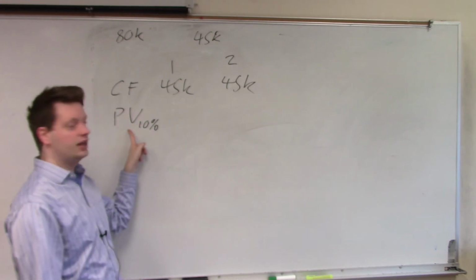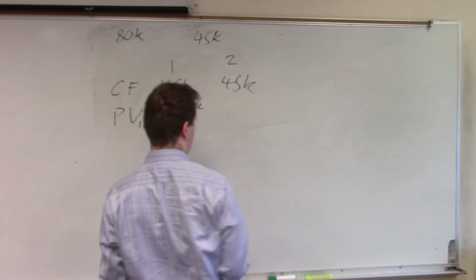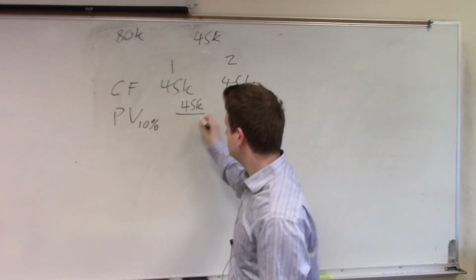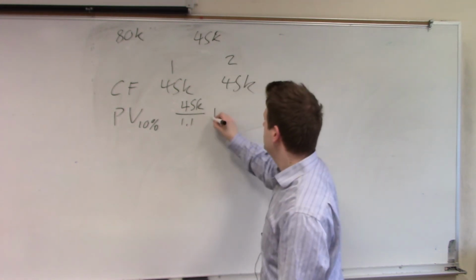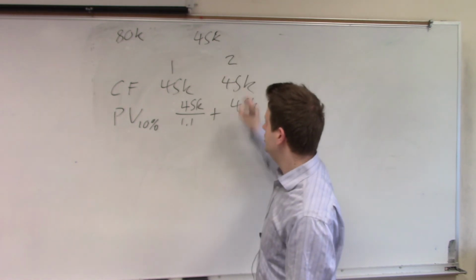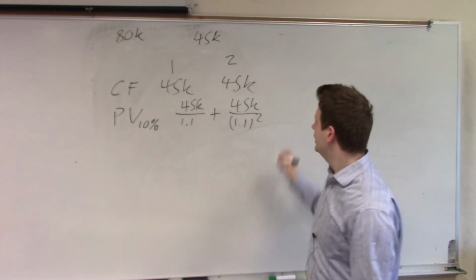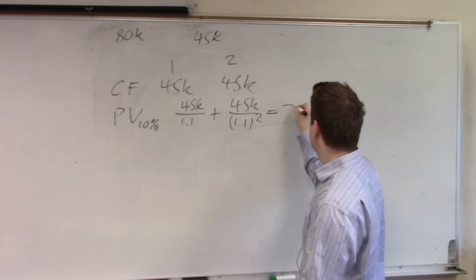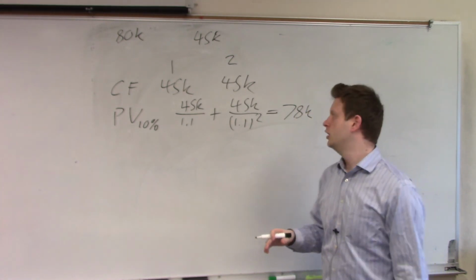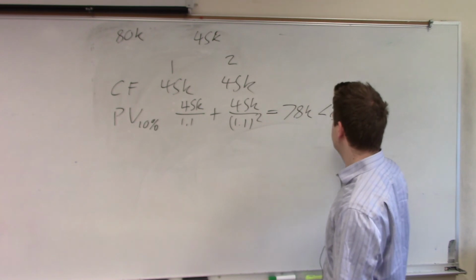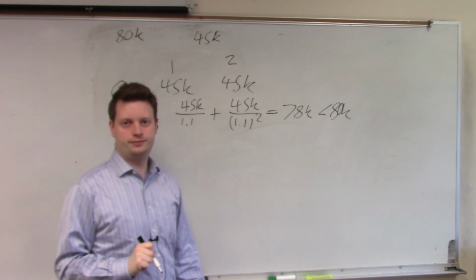So present value for 10% will be 45,000 over 1.1, because of 1 plus 10%, plus 45,000 over 1.1 to the power of 2. And if we use a calculator, we find this is 78,000 rounded. This means this is less than 80,000. We should not do the investment project.